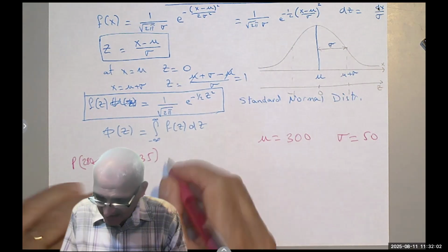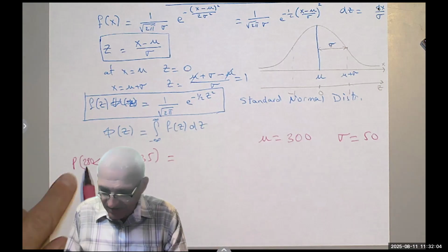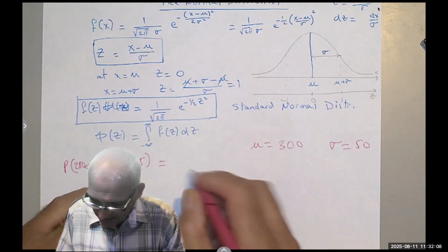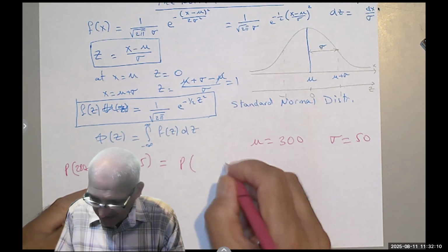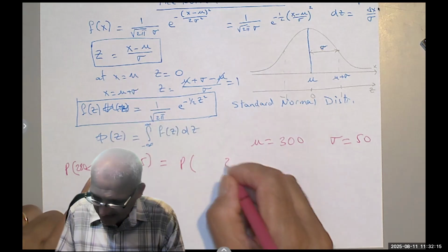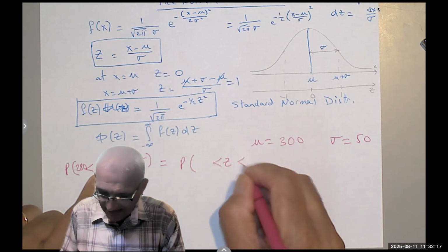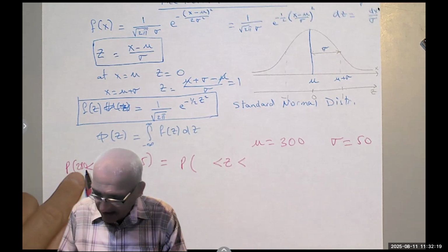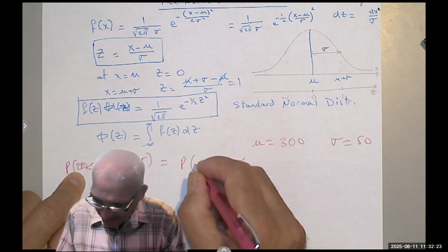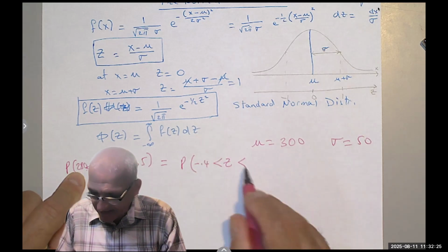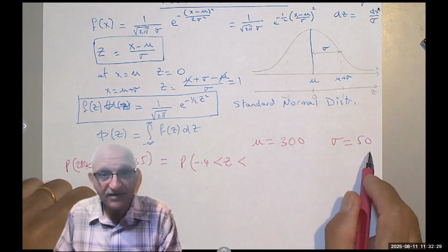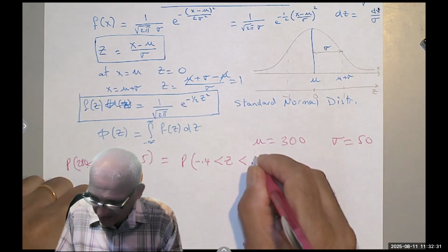So I would subtract the mean and divide by sigma for all sides. So that's the probability that z is greater than 280 minus 300, which is negative 20, over 50, which is negative 0.4, and less than 335 minus 300, which is 35, divided by 50, which is 0.7.